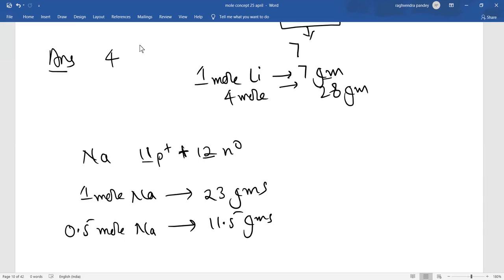I'm giving you the number of protons because you are starting 11th class, so you don't know. But when you learn all this, you will have a tighter grip on how many protons and neutrons there are.